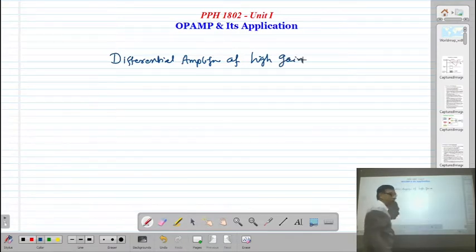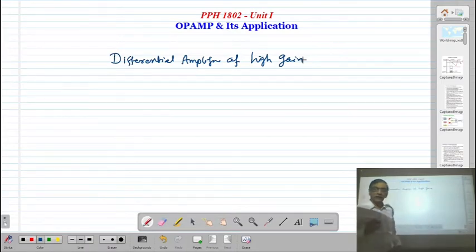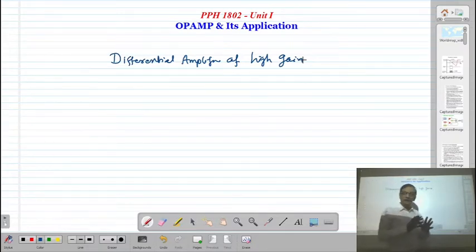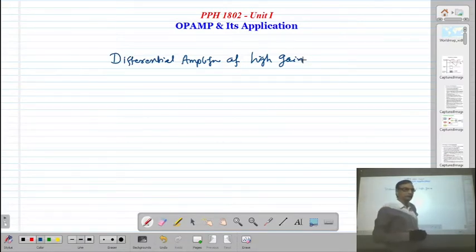Very high gain means the gain of this amplifier will be 1 lakh, 10 lakh or more than that. And there are a number of differential amplifiers, not a single one. Whatever the IC we have, a number of differential amplifiers will be there, and therefore the gain of this op-amp is going to be very, very large.